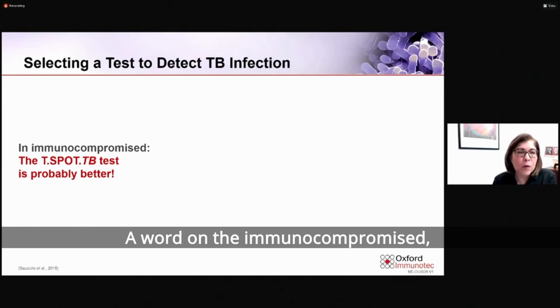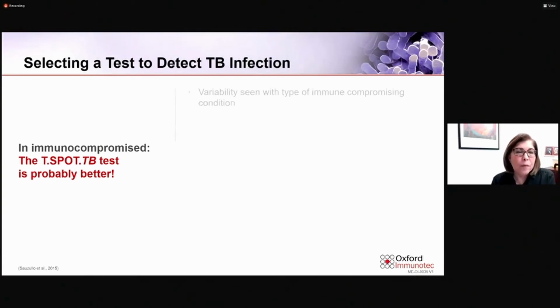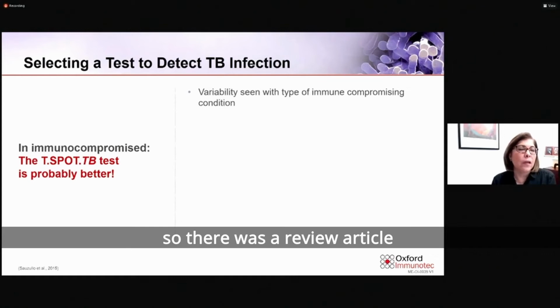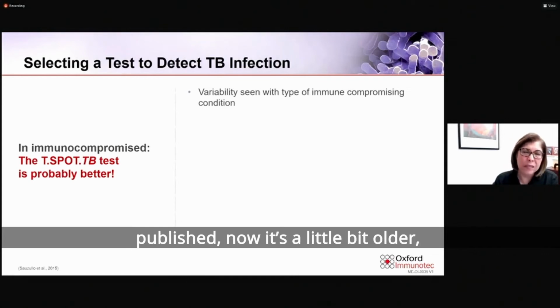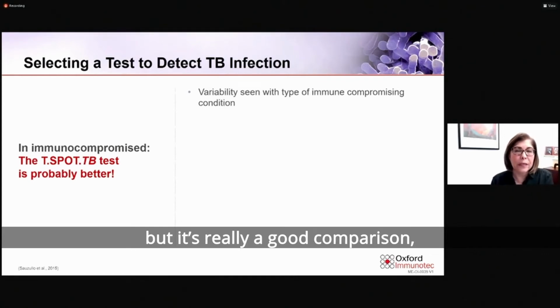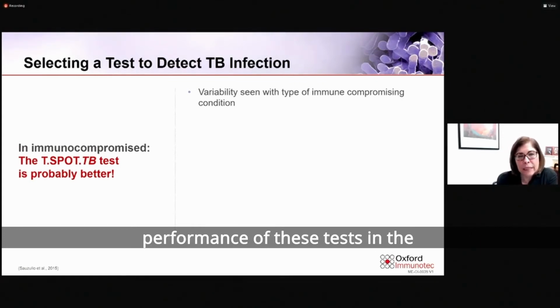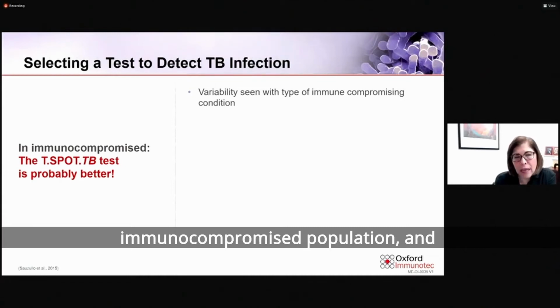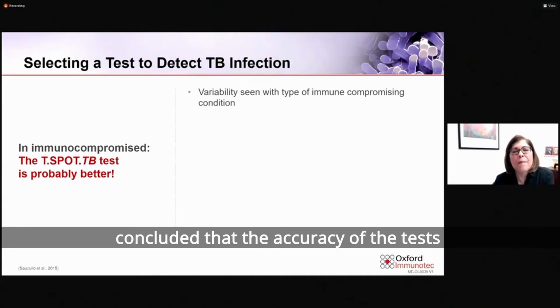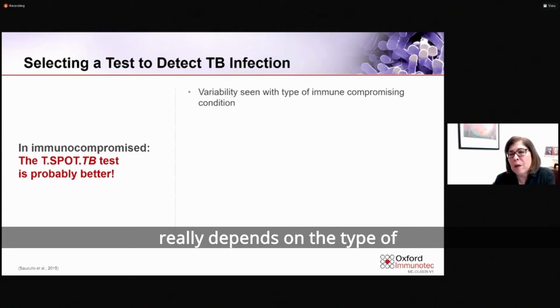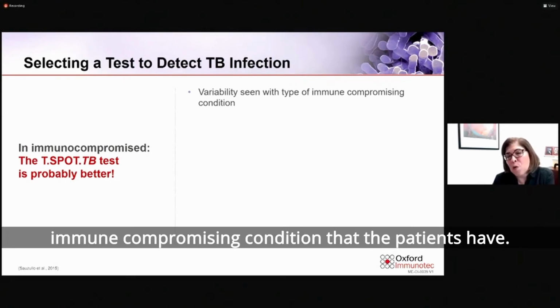A word on the immunocompromised. So there was a review article published. Now it's a little bit older, but it's really a good comparison. And they basically were looking at the performance of these tests in the immunocompromised population and concluded that the accuracy of the test really depends on the type of immune compromising condition that the patients have.